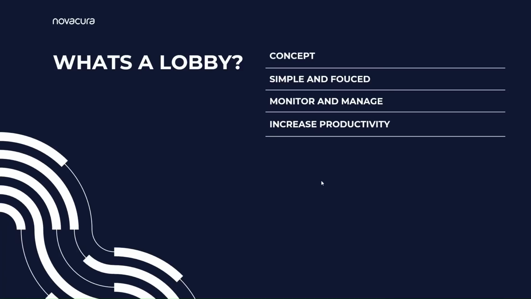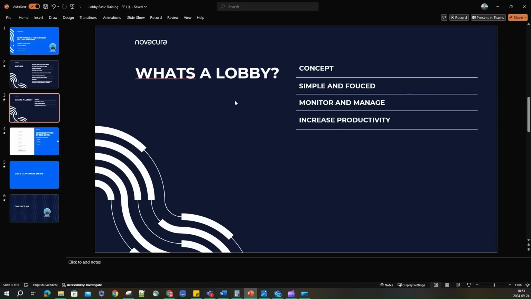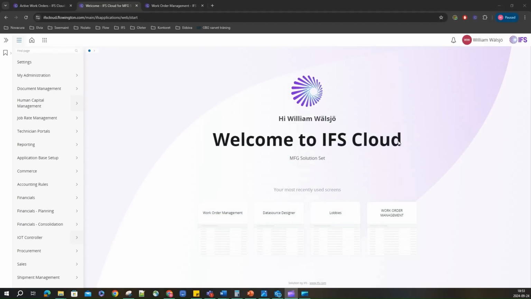So now we're going into IFS Cloud, and I will show you the element designer, data source designer, and also the lobby page and the properties there. I will close this presentation for now, and we go directly into IFS.